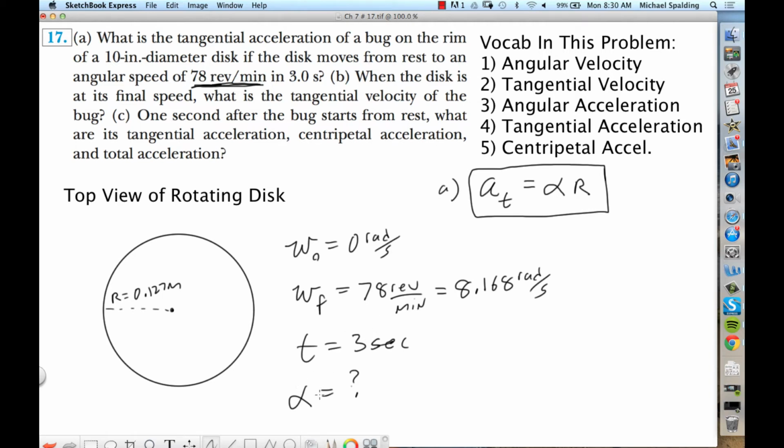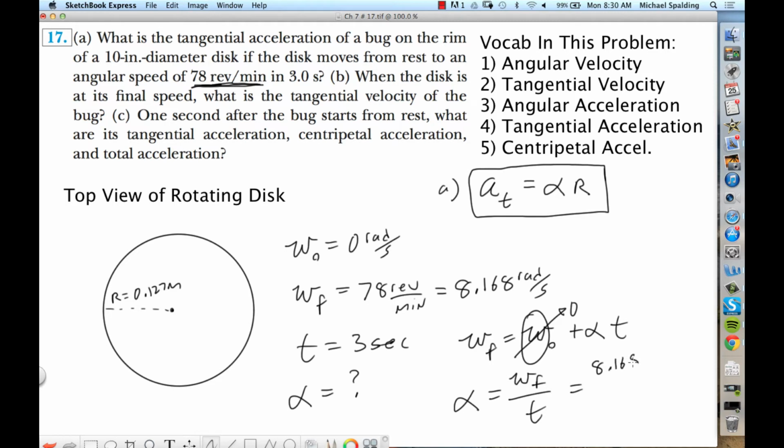To do that, angular velocity final equals angular velocity initial plus alpha t. What's the initial angular velocity? 0. The disk started at rest. So the angular acceleration is going to be angular velocity final over time. Angular velocity final is 8.168 radians per second in a time of 3 seconds.